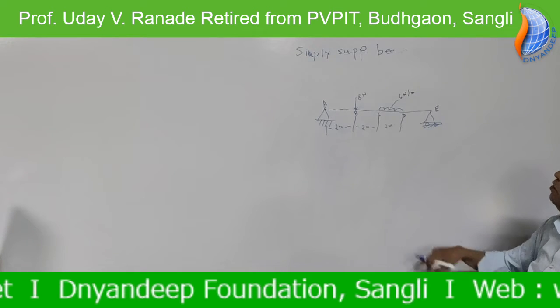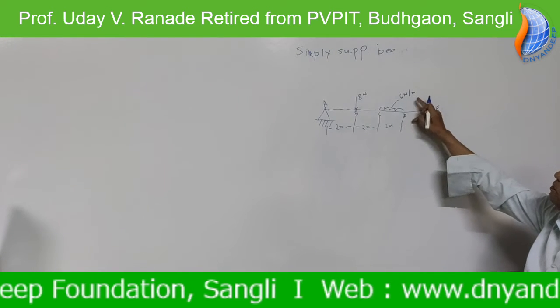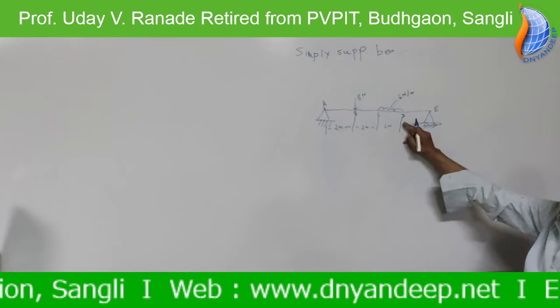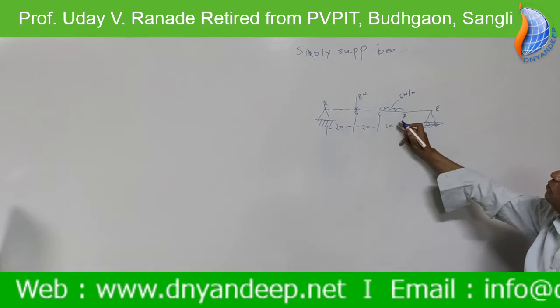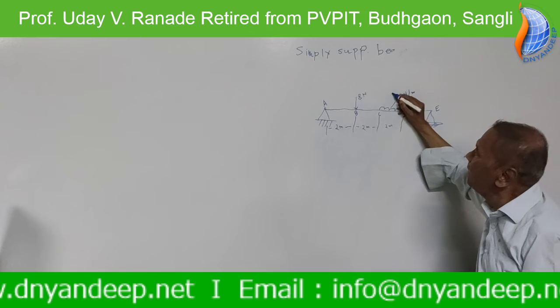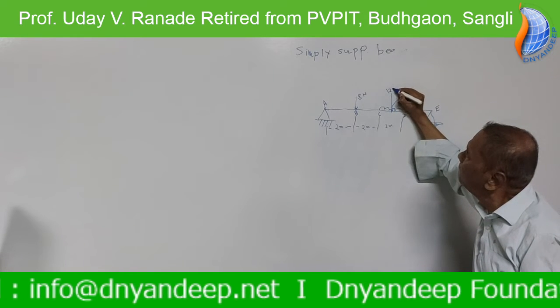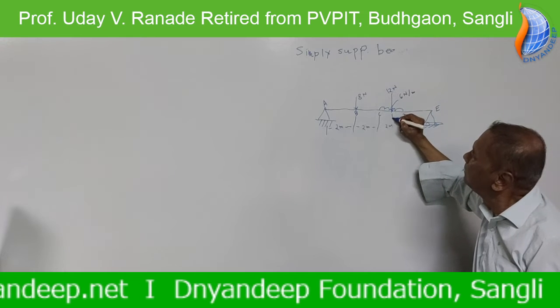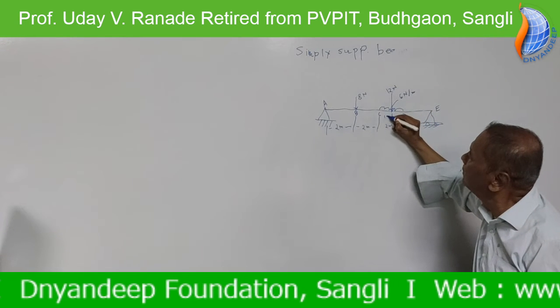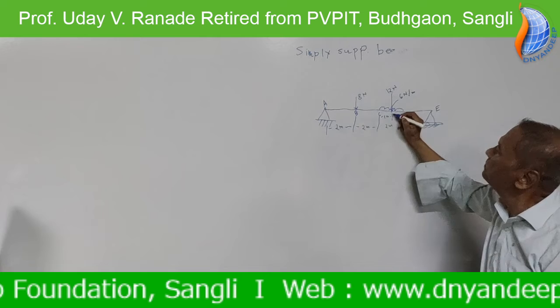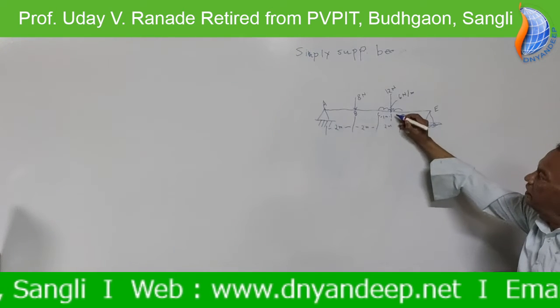Now, what is the total load of 6 Newton per meter over CD portion? It is 6 into 2, 12, but it acts at center. 12 Newton, which is at 1 meter from C. Let us call it as F.